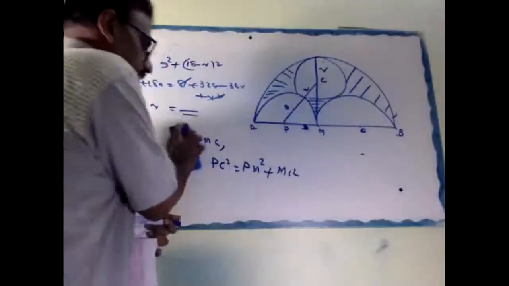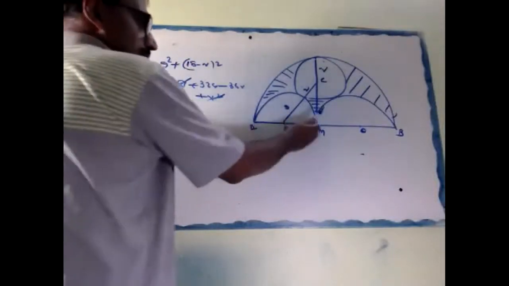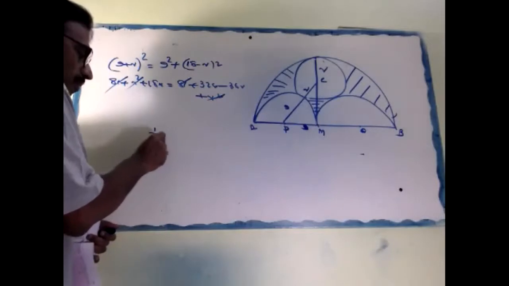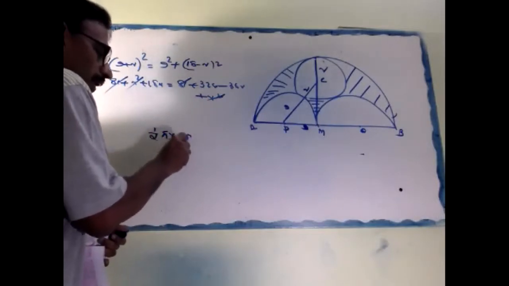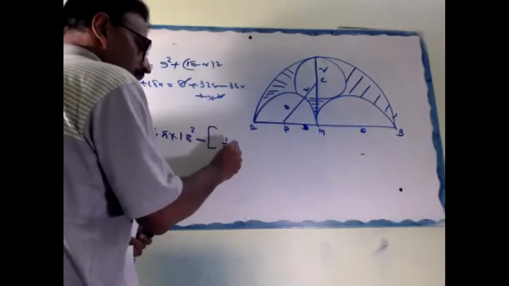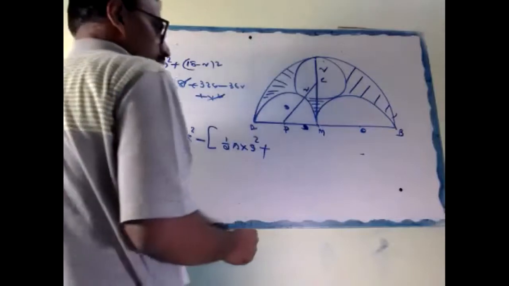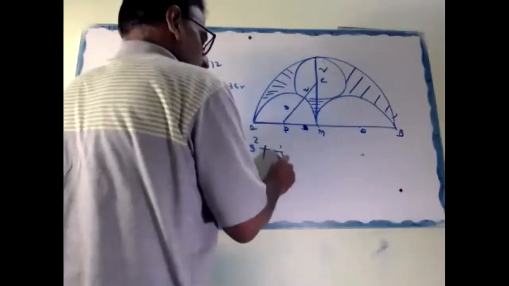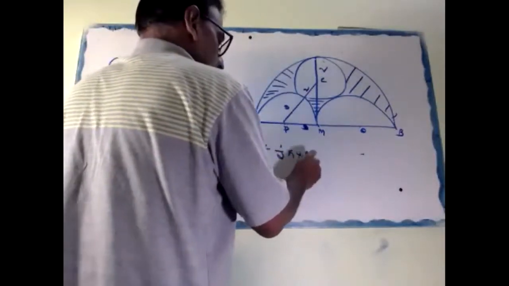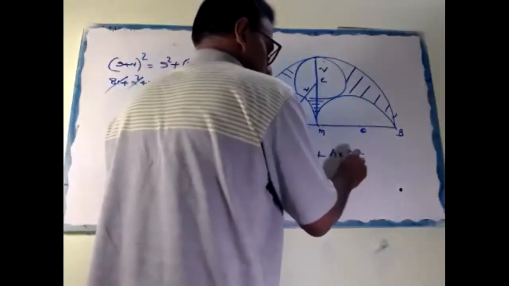Don't multiply all together, okay? Look, here half pi into 18 square minus half pi into 9 square, correct? Half pi into 9 square plus pi into 6 square.